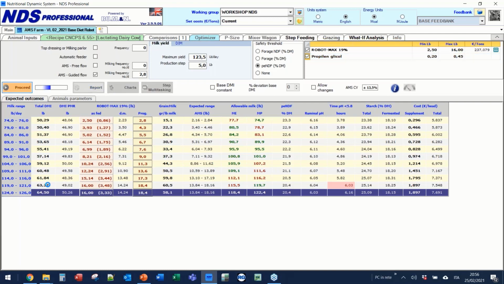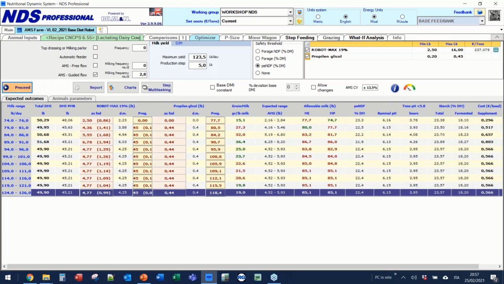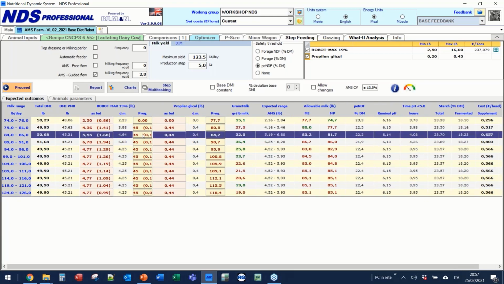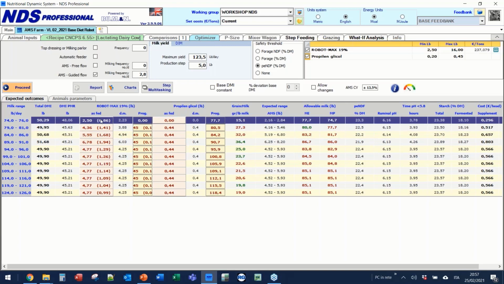I run the evaluation again, and now you will see that a new column appears here. The outcomes are not perfect, but let's focus on this column.